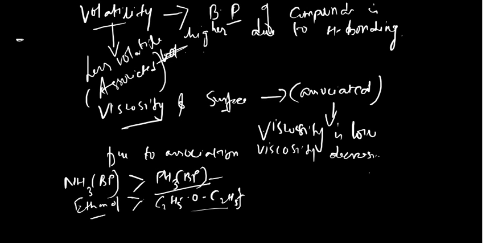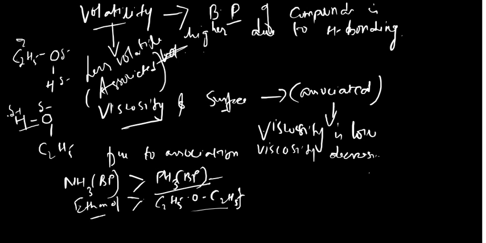If you look at ethanol, C2H5OH, this is your OH bond, due to which oxygen becomes negative and hydrogen becomes positive. You have hydrogen bonding, and this is how you have hydrogen bonding between the molecules of ethanol. So I hope all this is clear, right?